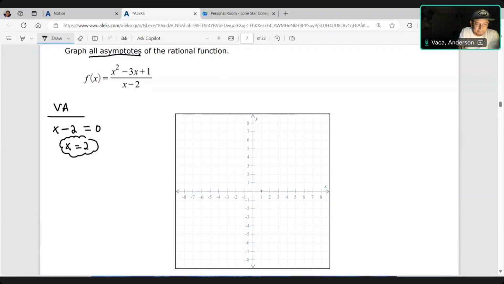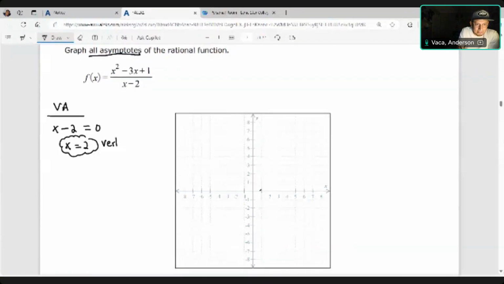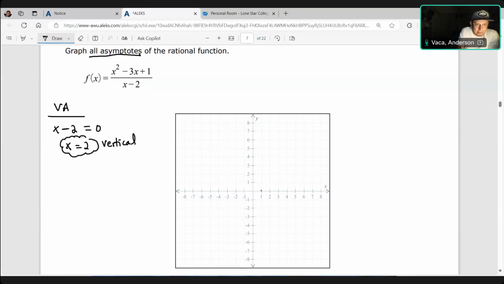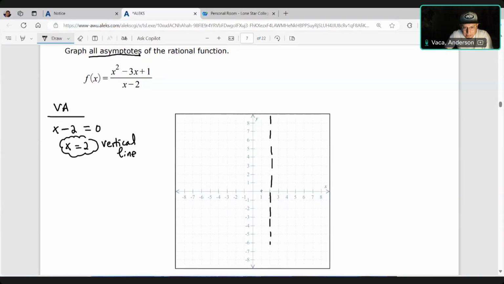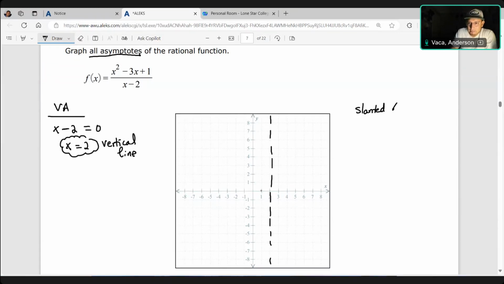We're graphing the vertical line given by the equation x equals 2. However, this does not have a horizontal asymptote. It has a slanted asymptote.